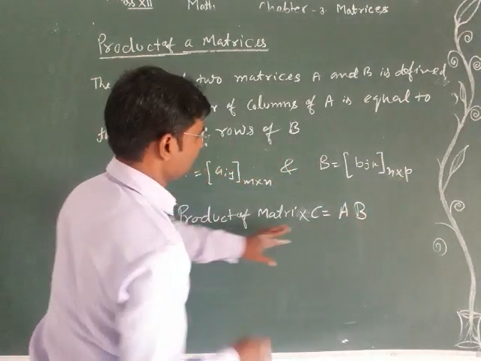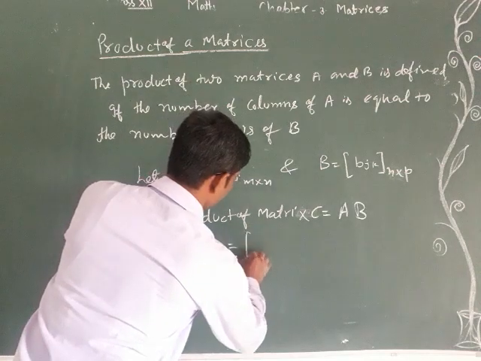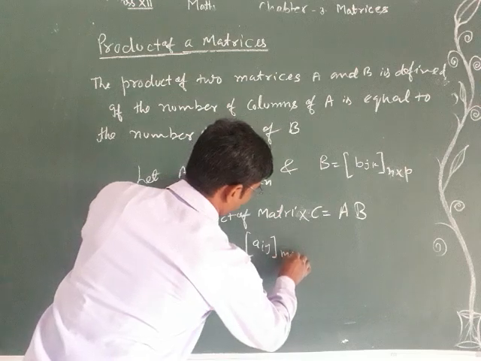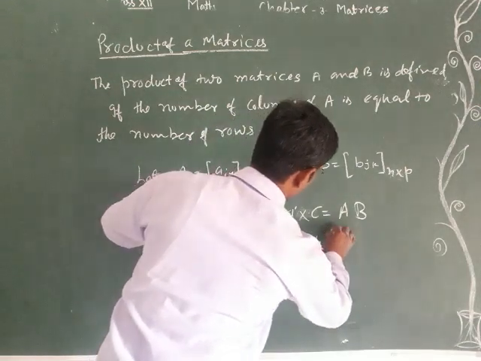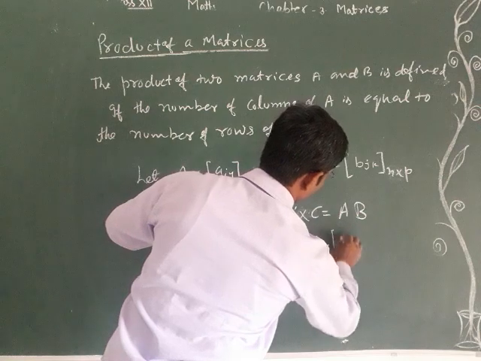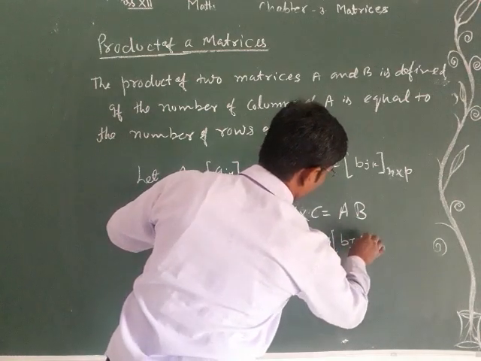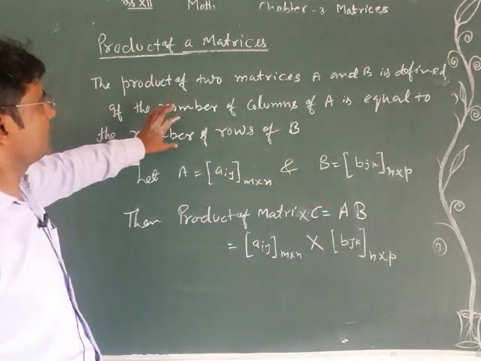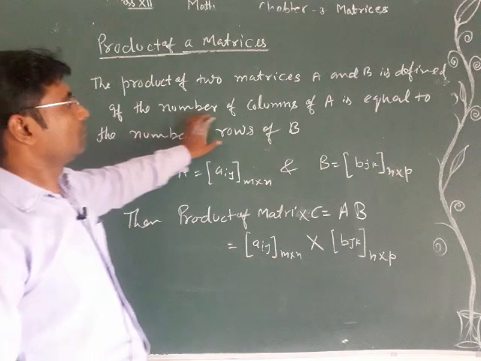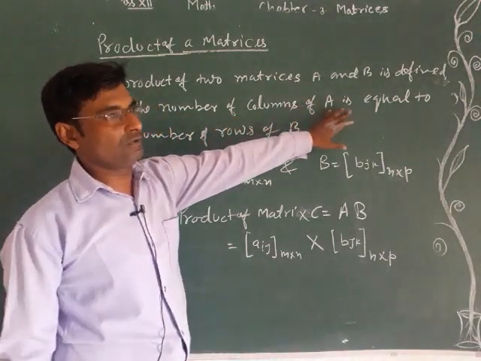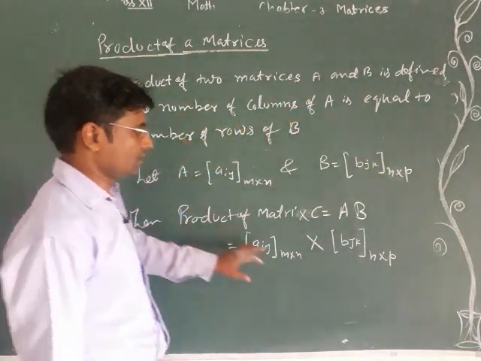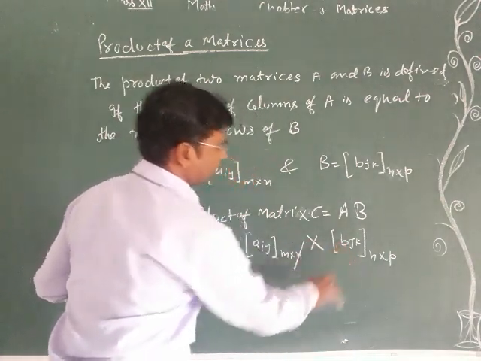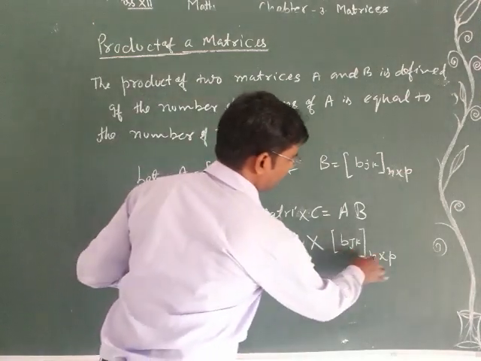So in AB, matrix A is m by n, multiplied by matrix B, which is n by p. According to the condition, the number of columns of the first matrix, n, is equal to the number of rows of the second matrix, n.